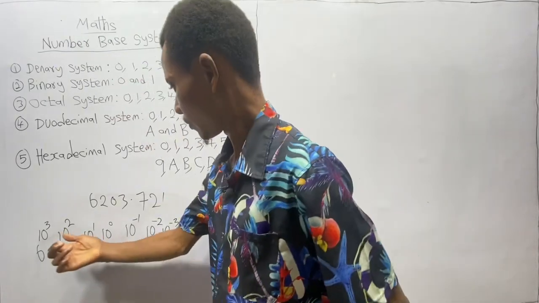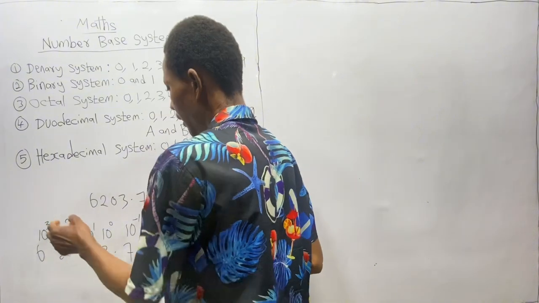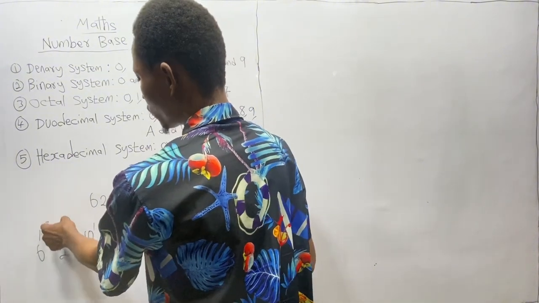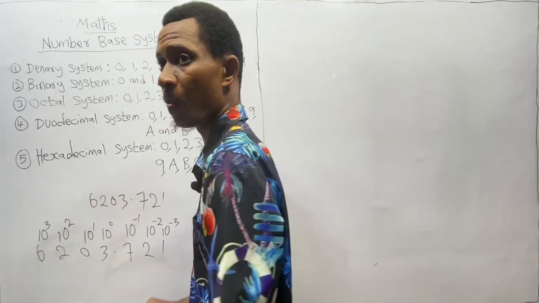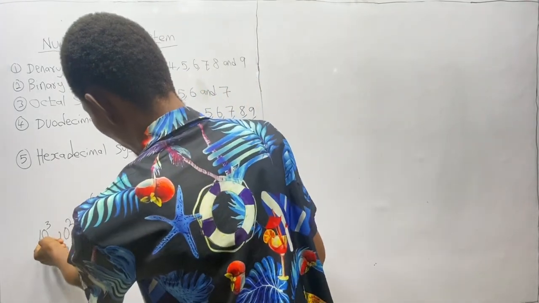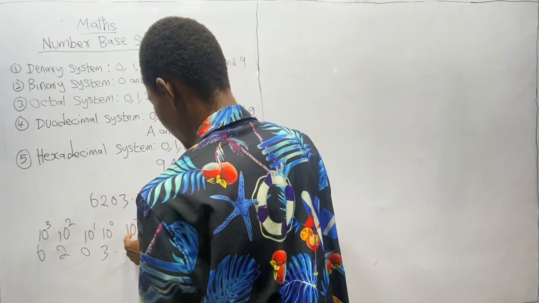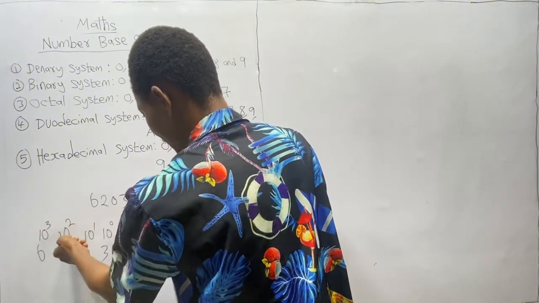If you observe, in mathematics, a number that is raised to a power is known as what? A base. So if you observe now, all of them here are 10, 10, 10, 10. All these are what? Base 10.